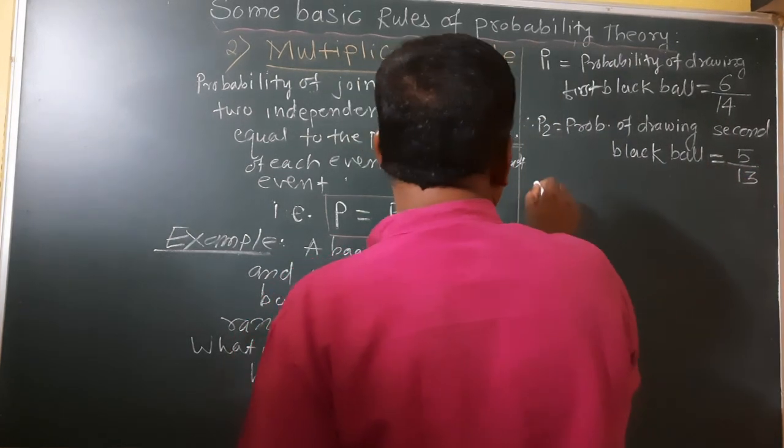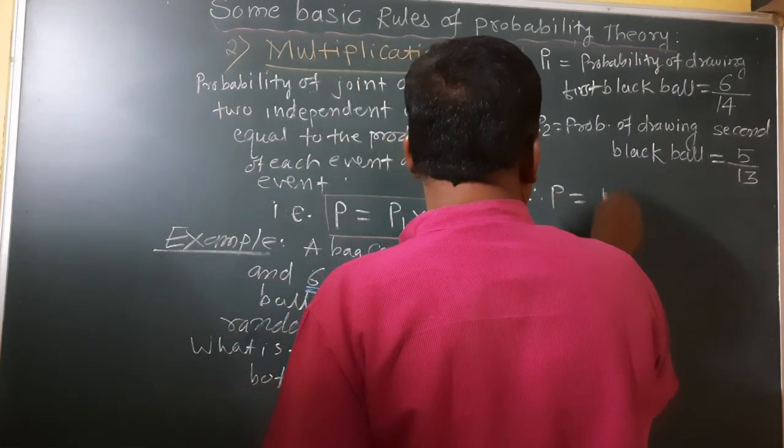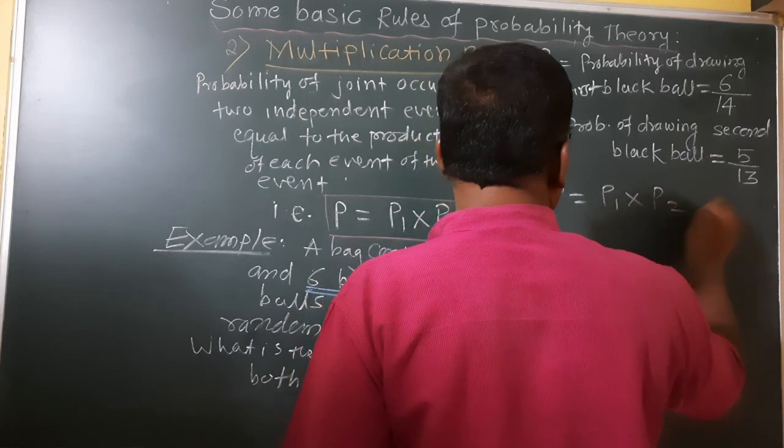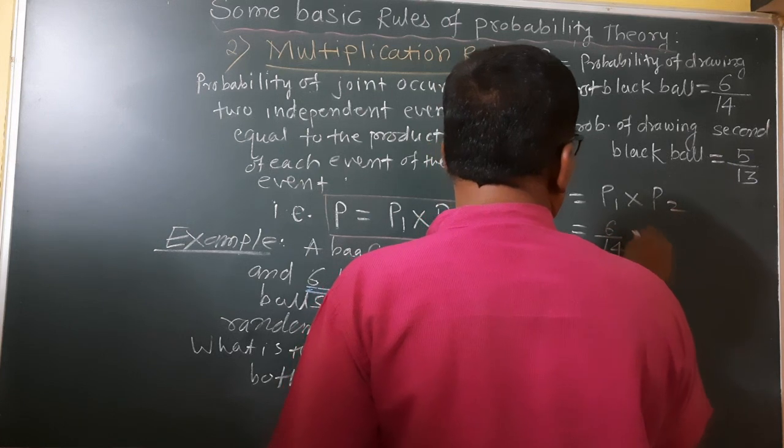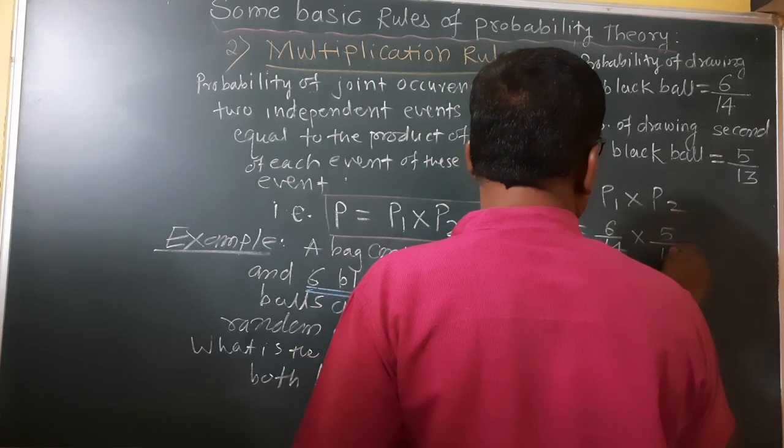And what is the formula? P is equal to P1 into P2, and it gives 6 upon 14 multiplied by 5 upon 13.